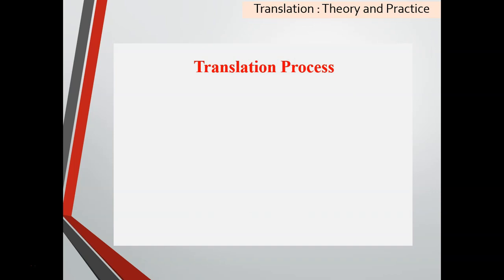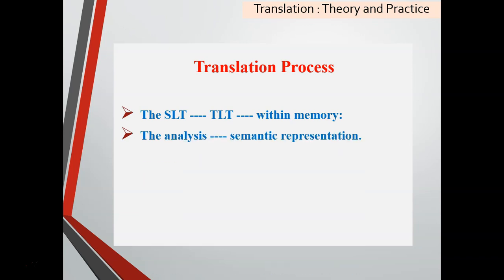So the translation process is the source language text transformed into a target language text by means of a process which takes place within the memory. And the analysis of that language-specific text, that's to say this SLT, into a universal or non-language-specific semantic representation.